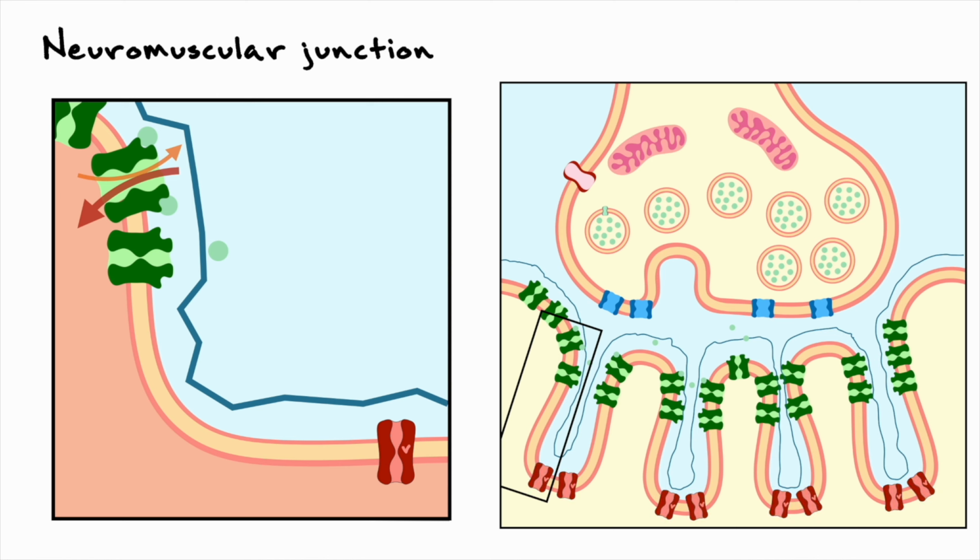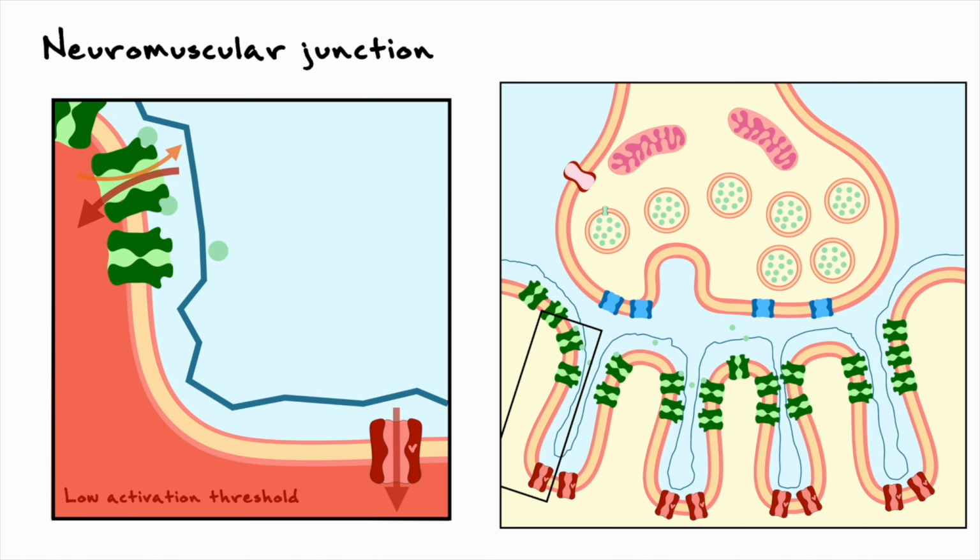This simple organization allows the neuromuscular junction to have a low activation threshold, such that the depolarization coming from the receptors easily cause the opening of voltage-gated sodium channels and the subsequent firing of an action potential at the muscle fiber. Remember that this action potential in the muscle fiber ultimately leads to muscle contraction.